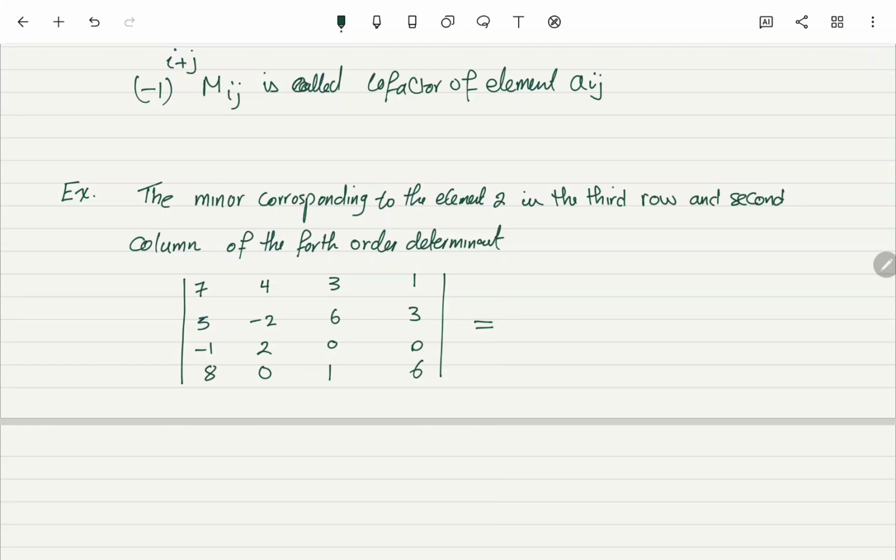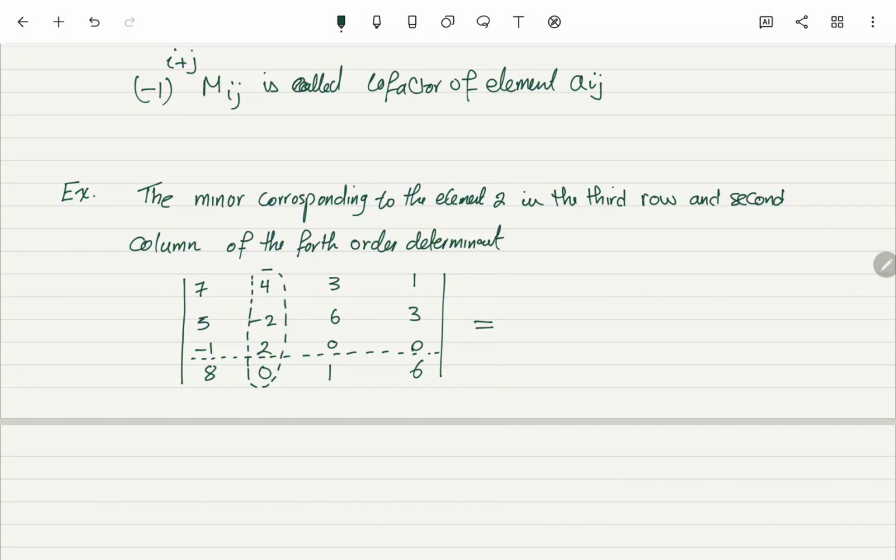In this example, the minor corresponding to the element 2 in the third row and second column of the fourth order determinant. So this is the fourth order determinant, and we would like to find the minor that corresponds to the element 2 in the third row. This is the third row right here, and the second column.